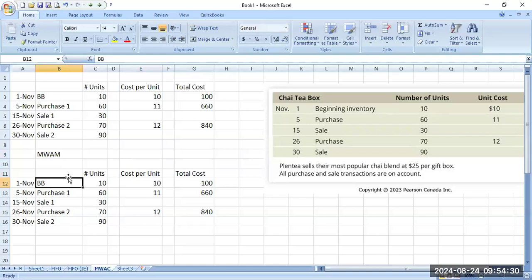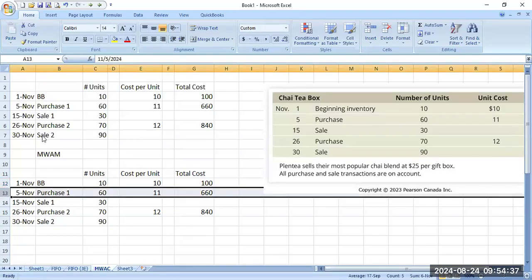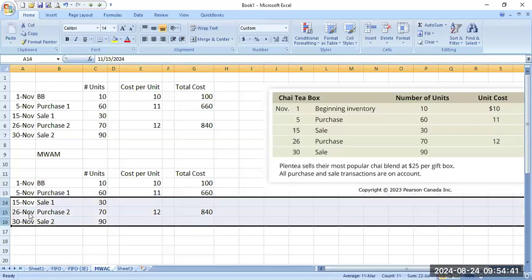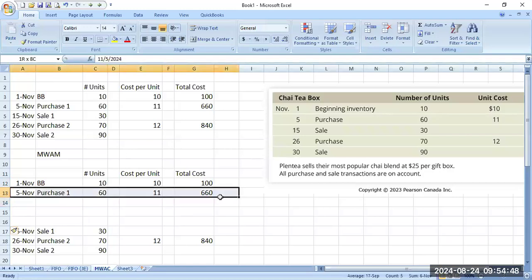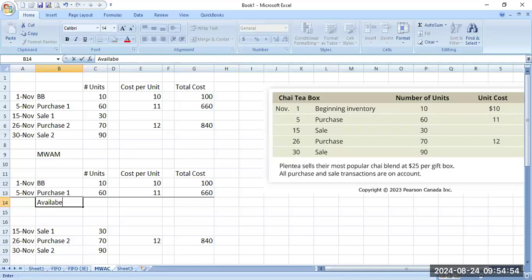So what we said, after every purchase, we have to adjust the weighted average. How are we going to do that? First, I'm going to insert some rows here. After the first purchase, I have to calculate my available, and see how many I have available.